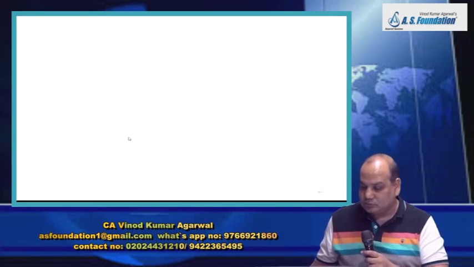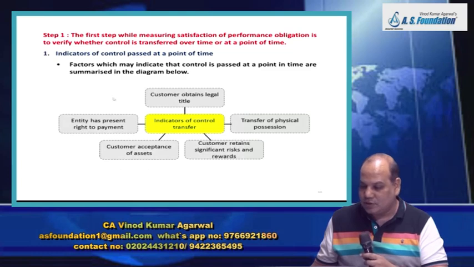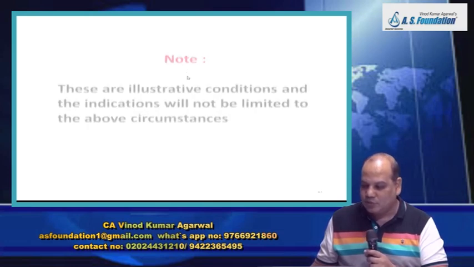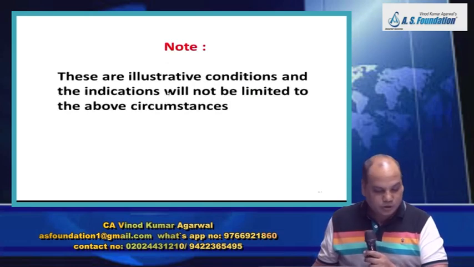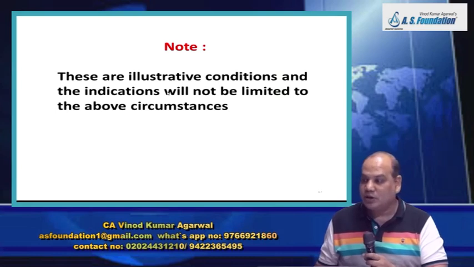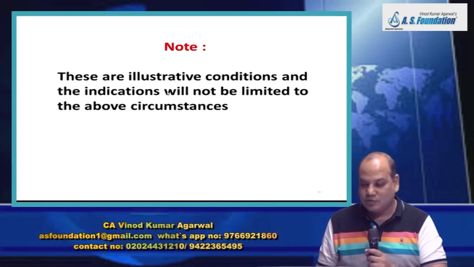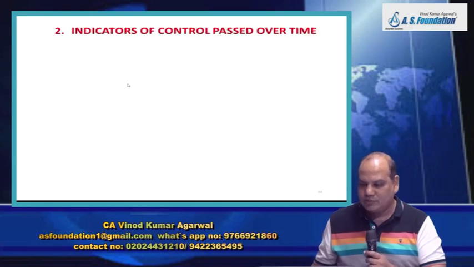If these conditions are satisfied, the control will be passed at a point of time and then the revenue will be recognized. They have also mentioned below that these are indicative, illustrative conditions, and the indications will not be limited to the above circumstances. Is it right? Say yes.